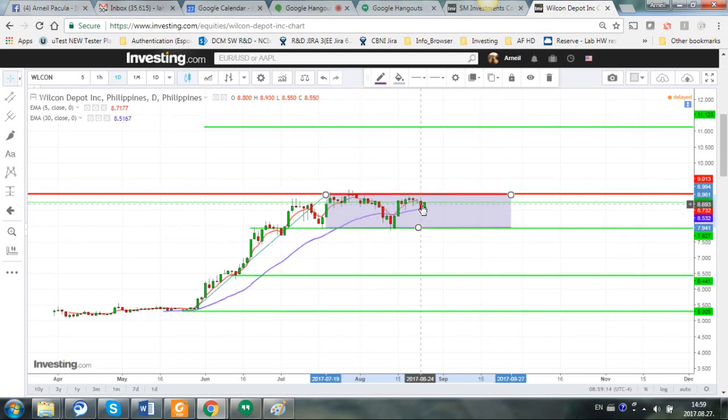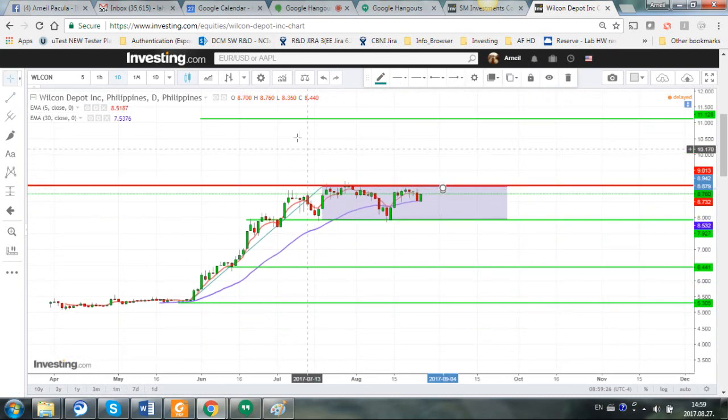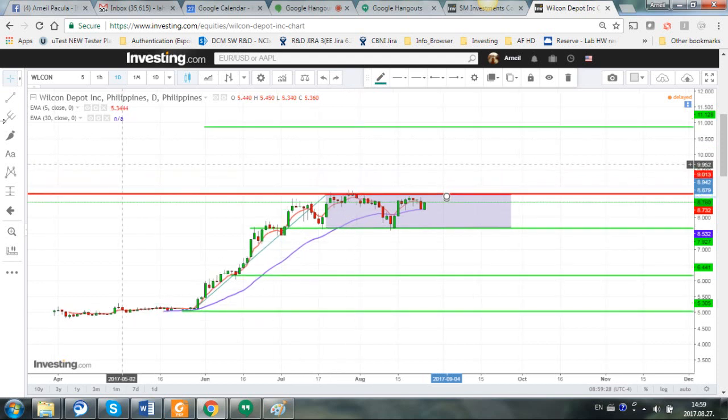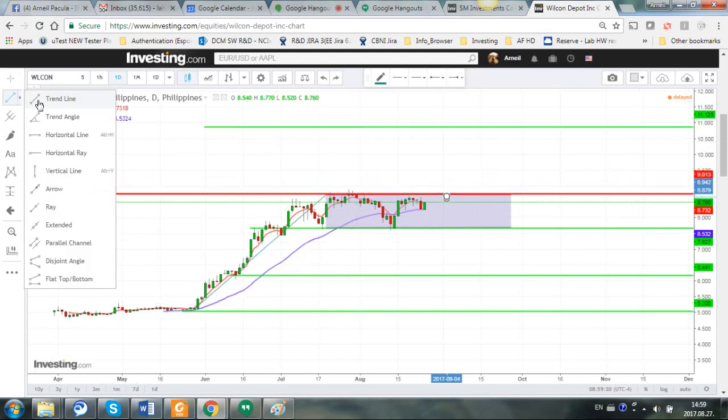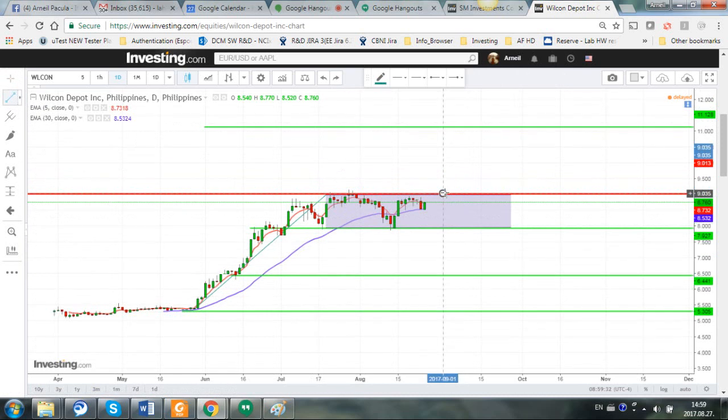So, in order for us to determine kung magkakaroon ngayon ng reversal, we use moving average also. So, meaning to say na pwede bang, if it is possible for this stock price to move down from this and to here, it is possible using this combination.